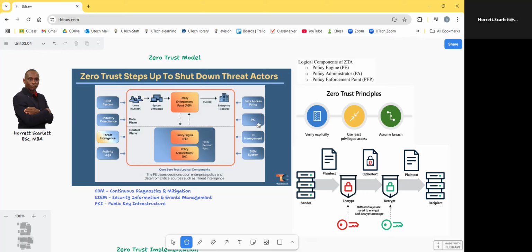We also have the PKI, which is the public key infrastructure. And as you know from your security principles, this is where we have two keys, one being the public key and one being the private key. The purpose of the public key is so that persons can encrypt what they are sending to us, and then we use our private key to decrypt these messages.